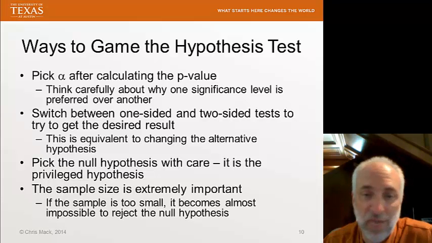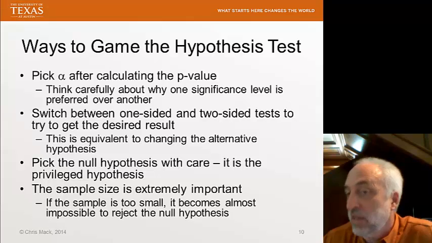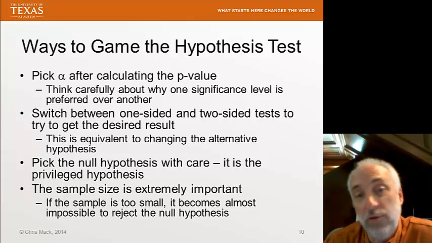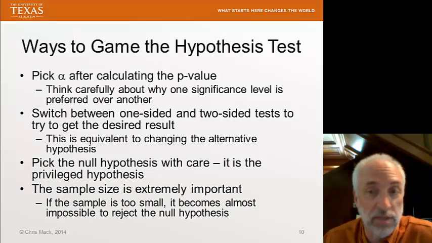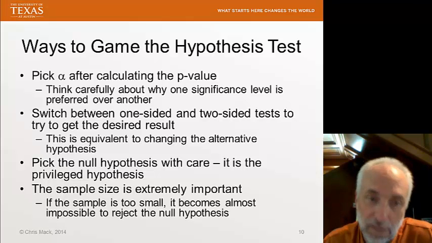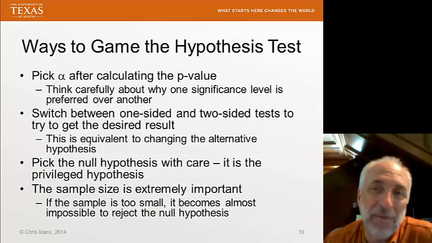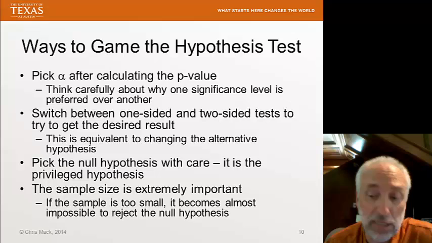A small enough sample size and you can basically learn nothing from your experiment. If you learn nothing from your experiment, then you have no evidence that the null hypothesis should be rejected. Therefore, one simple way of gaming the hypothesis test is, if you don't want a null hypothesis to be rejected, just do a lousy job of running your experiment. Make your sample size very small.